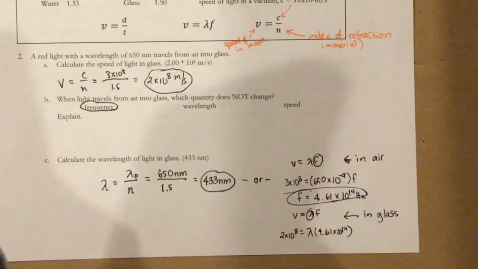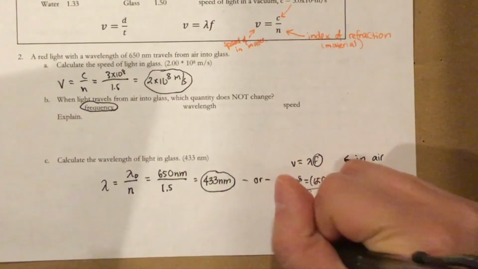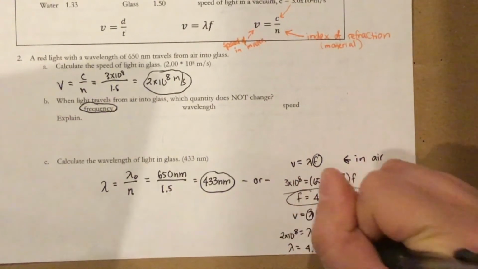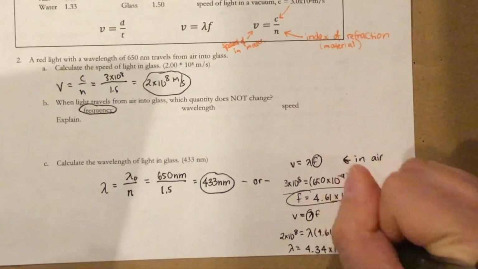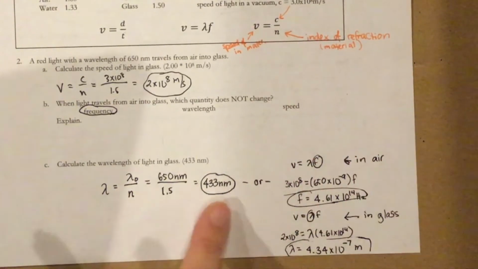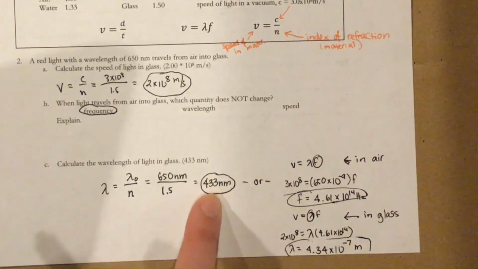Divide by that on both sides. And that gives us 4.34 times 10 to the negative 7th meters, which, by the way, is equal to 433 nanometers.